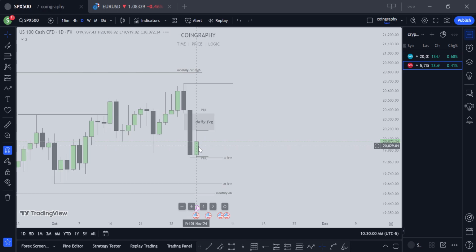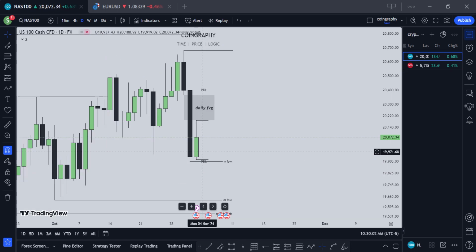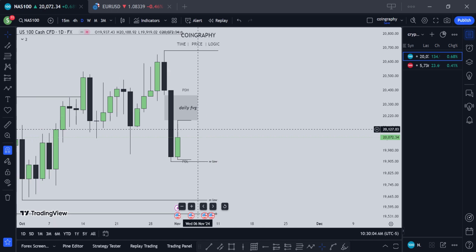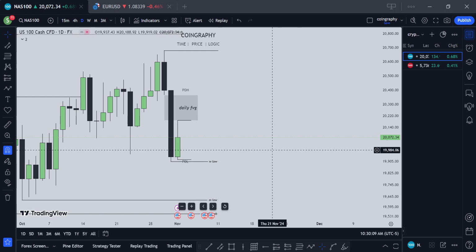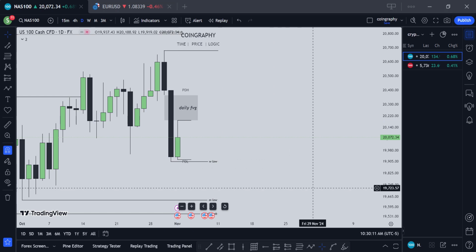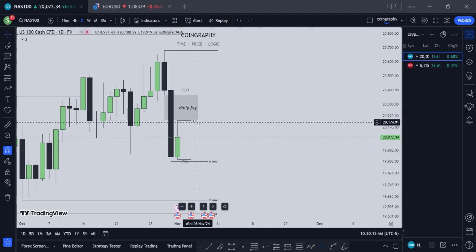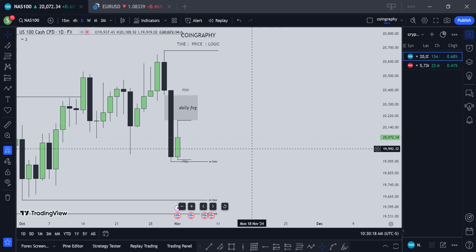Why is this a CLT? Because we formed a fair value gap, and we all know what that means when a CLT is formed with a fair value gap.